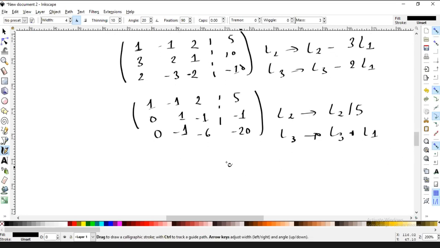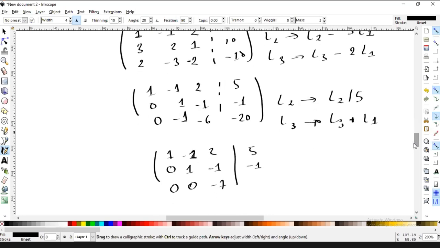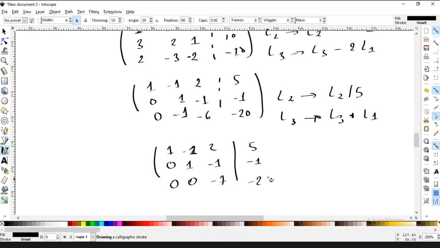So we get the 0, so we get 1 minus 1 2 5 minus 1, 0 1 minus 1 minus 1, and here I get 0 0 -7 and -21.